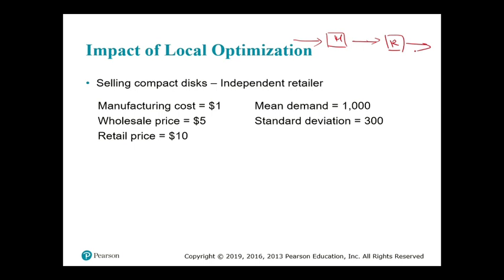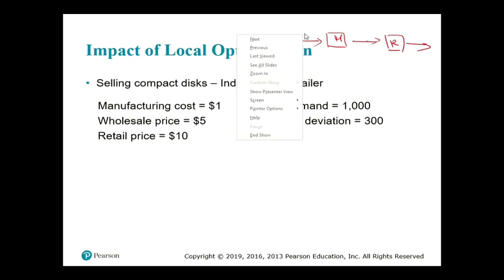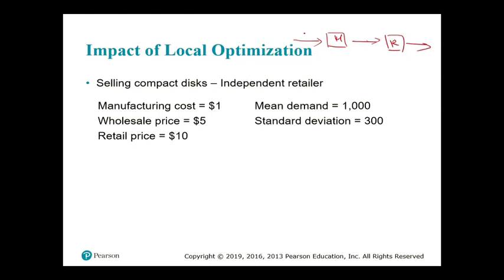So the manufacturing cost is $1, and we denote this as V. So this is V, and the mean demand, the wholesale price is $5. Let's say it's W. So this is W, and then the retail price, say it's P, or sorry, not W, C.